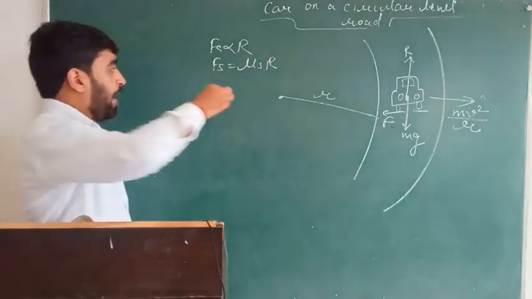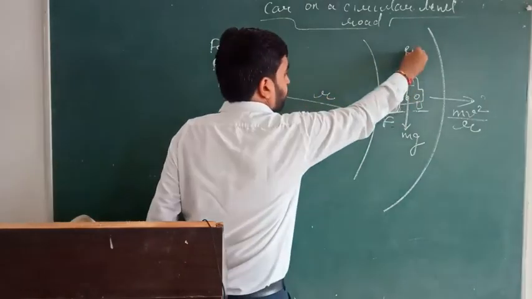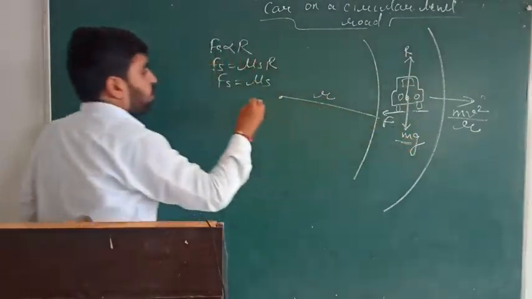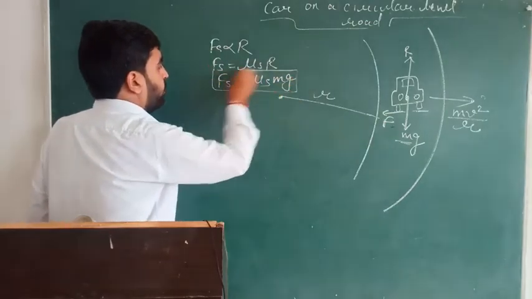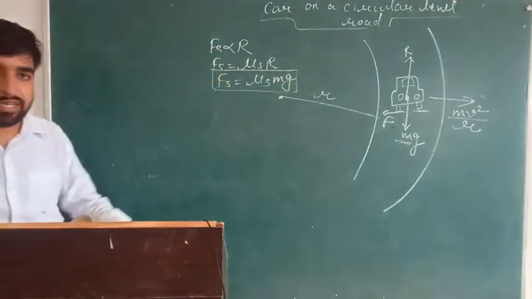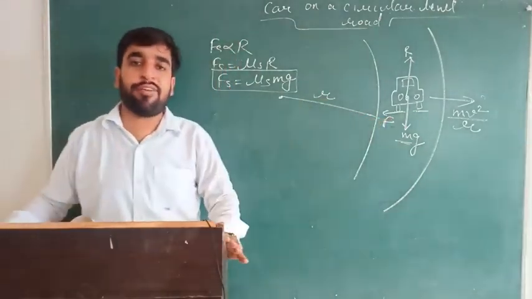Now what is the value of R? You can see R is balancing mg, so normal reaction is equal to mg. So Fs is equal to μs mg. This is the frictional force which will bring your tires back into this circular frame.